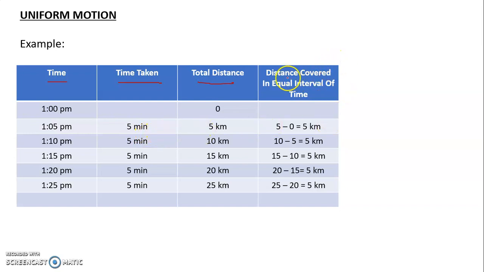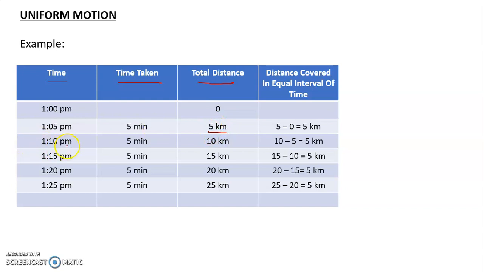And here we are calculating the distance covered in equal intervals of time. At 1 o'clock the distance covered was 0. At 1:05 p.m., that means after 5 minutes, the total distance covered was 5 kilometer.